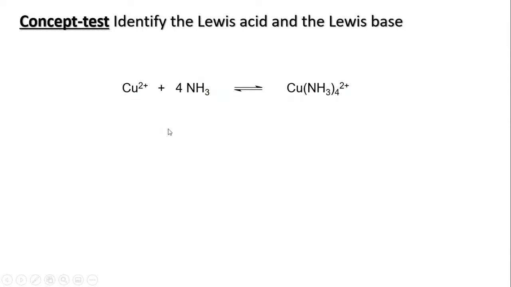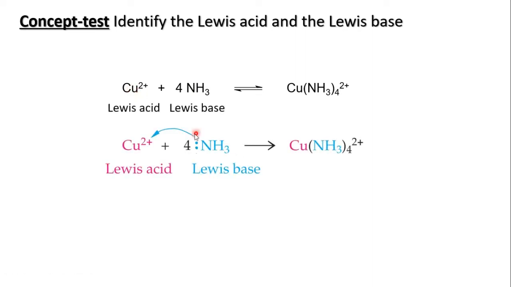This is not an acid-base reaction, but you can use the definition of Lewis acid and bases to determine who's an acid, who's a base. It looks like ammonia forms a bond with copper 2 plus. Ammonia will donate a lone pair to copper 2 plus. That's a Lewis base, and copper 2 is a Lewis acid, accepting the electron.